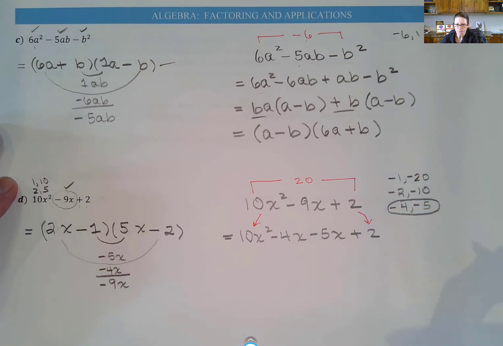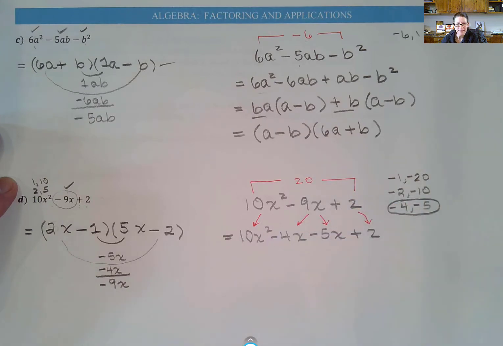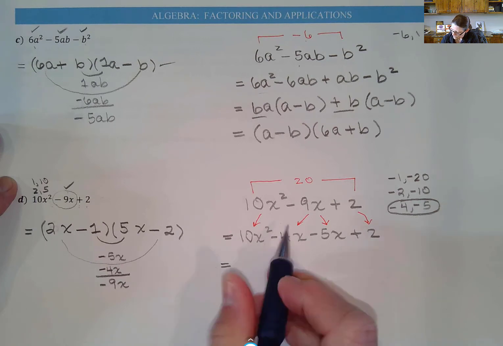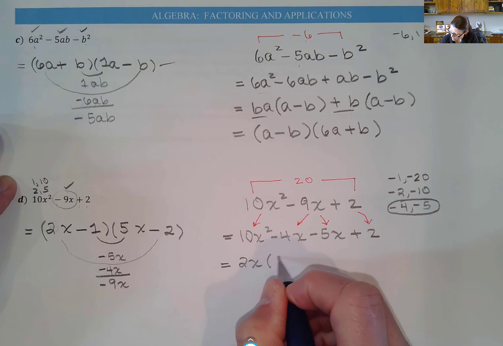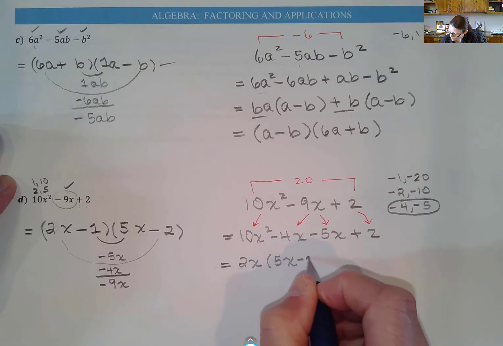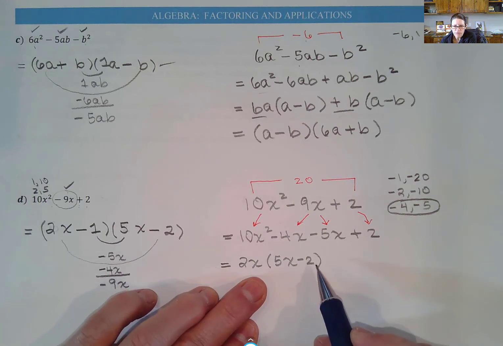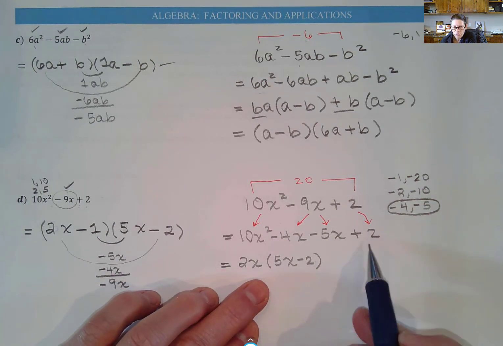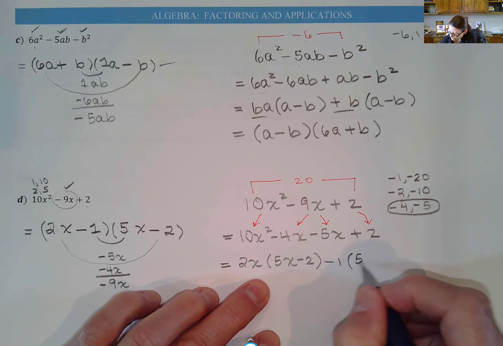Factor out common 2x times 5x minus 2. And to repeat that binomial 5x minus 2, we need to factor -1 from our last two terms. And finish the factorization by factoring 5x minus 2 to the front, times 2x minus 1.